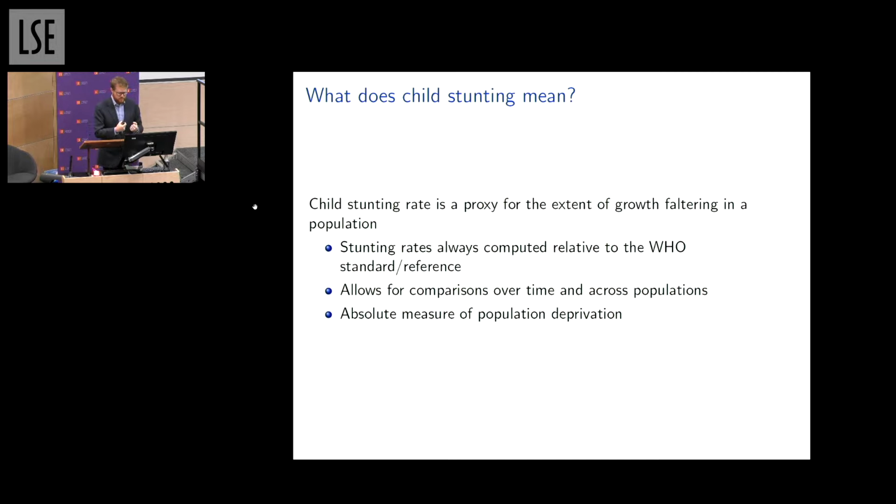We always compute it relative to the WHO standard or reference, and this allows us to make comparisons over time and across populations. And I think it's proper to think of this as an absolute measure of deprivation, not a relative measure. If we were to compare average heights of populations, we might get something more relative, but stunting is an absolute measure of deprivation, kind of like the $1-a-day poverty line.